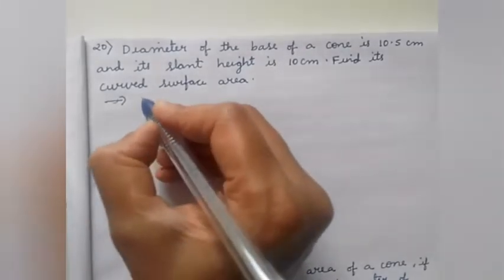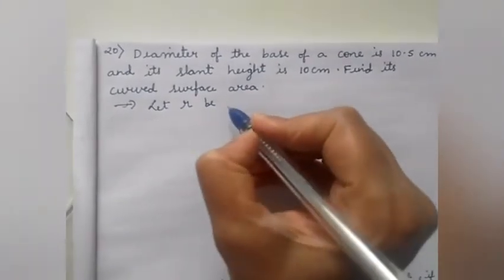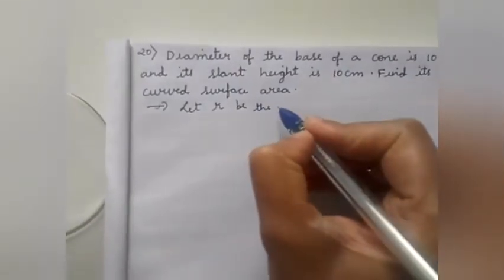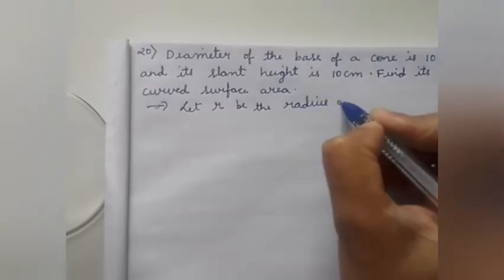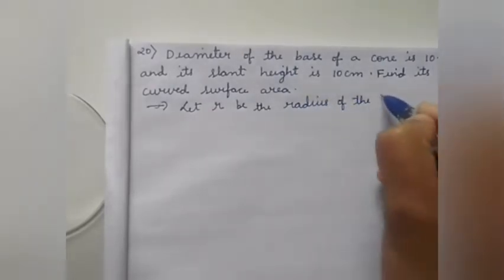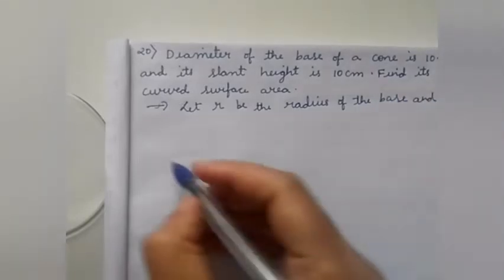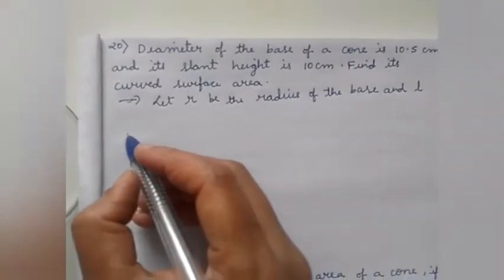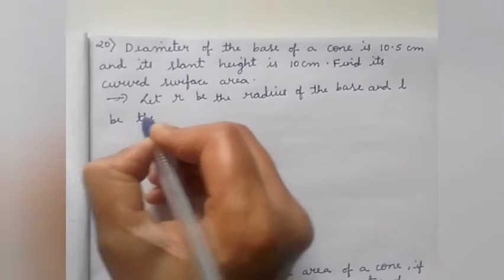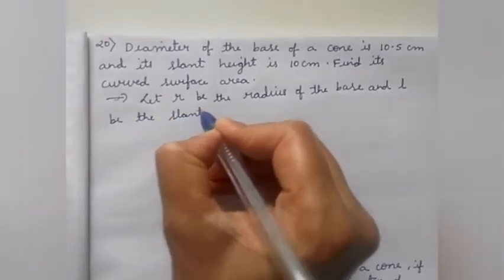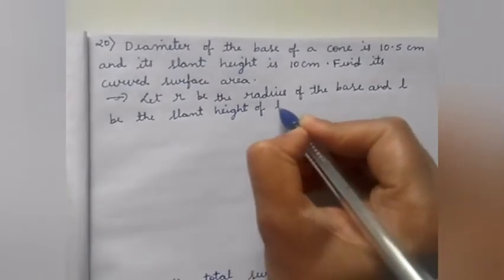So let us write down the given things. Let r be the radius of the base, and L be the slant height of the cone.